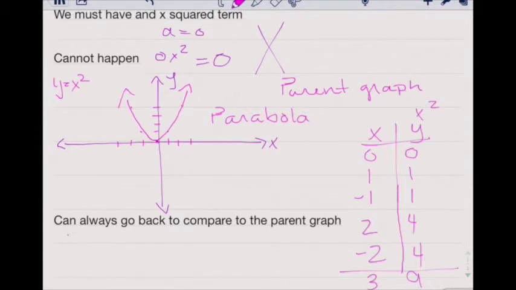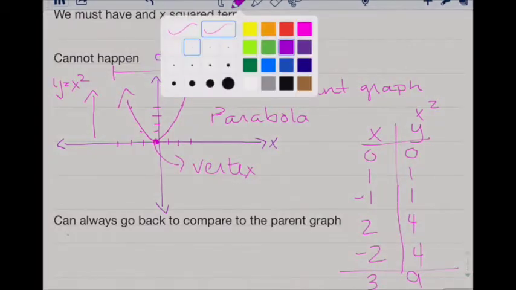So, a couple things to notice. This one opens up. It's of a particular width, and it has a vertex, which in this case is its lowest point. And let's pick another.